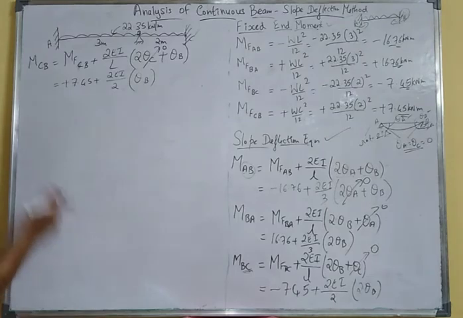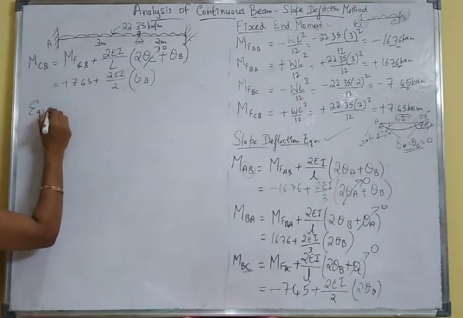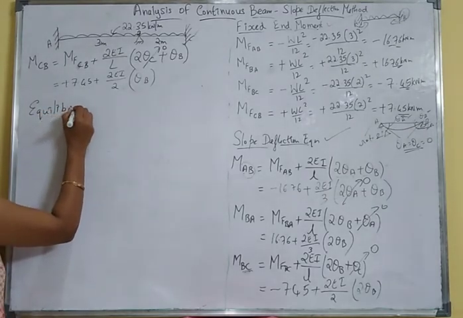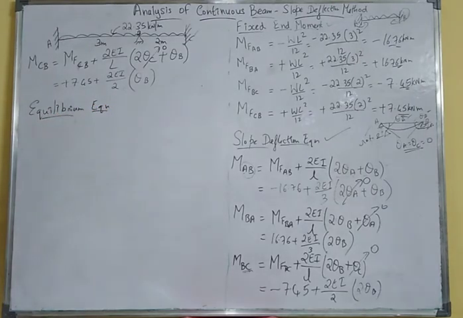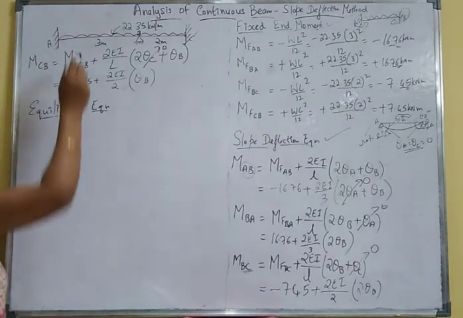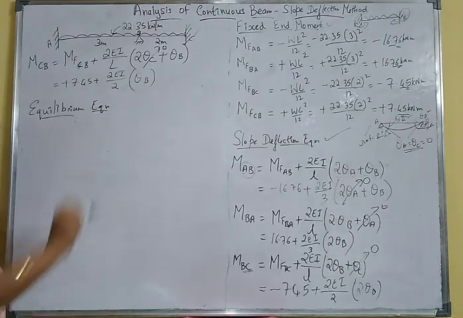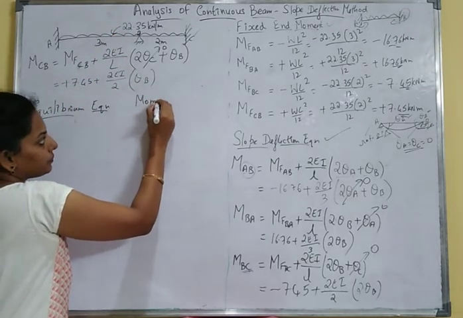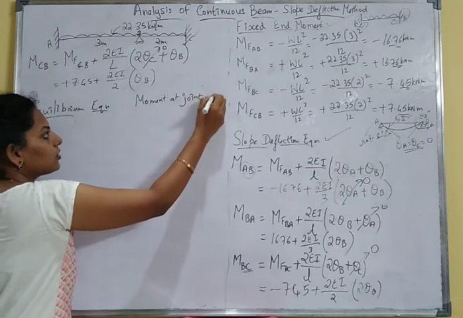Now the next step is solving theta. For that you have to consider equilibrium equations. Based on the equilibrium equation you have to solve the rotation. Here, at the end the fixed end moment is not equal to 0, but at the joint the moment is equal to 0.